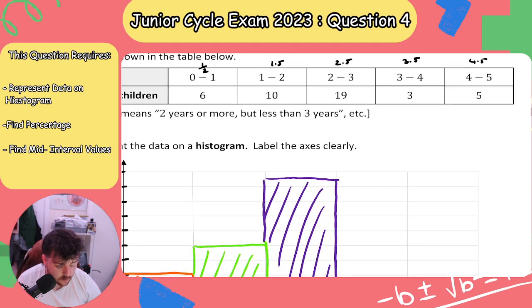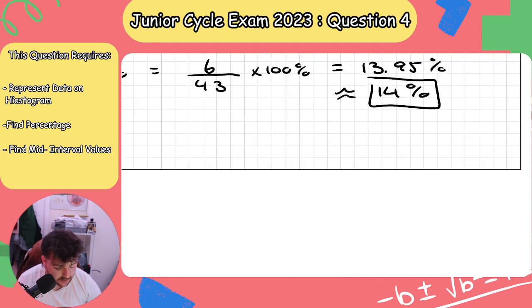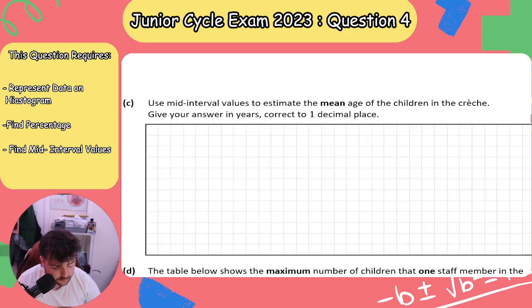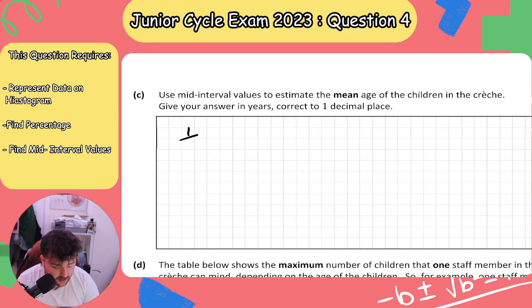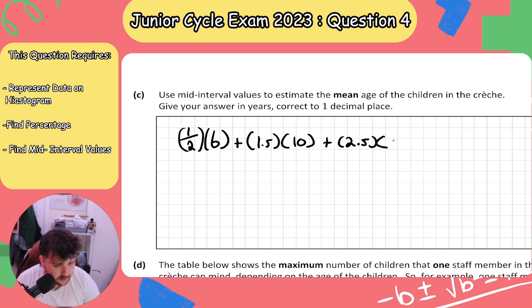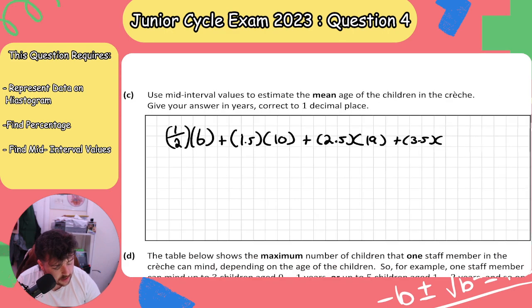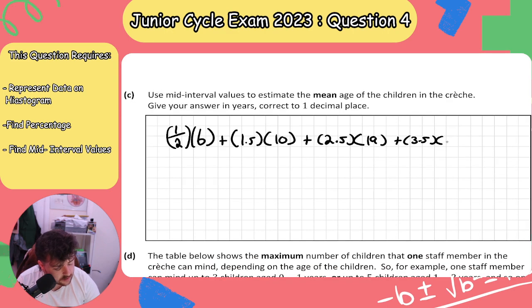So what we're going to do here is a half times 6 plus 1.5 times 10 plus 2.5 times 19 plus 3.5 times, what was it, 3?